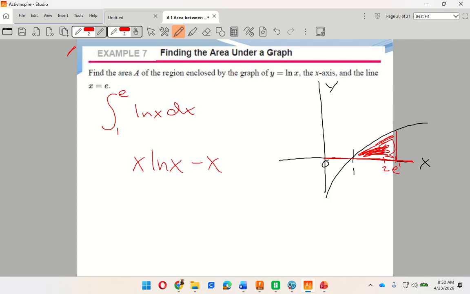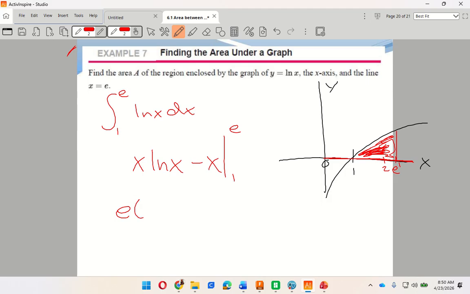But we get here and we go from 1 to e. Now, top minus bottom, so that's going to be e. Now, what is ln e? ln of e is 1.